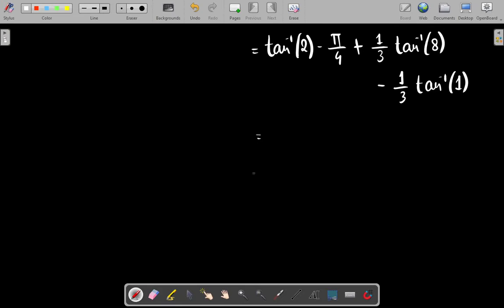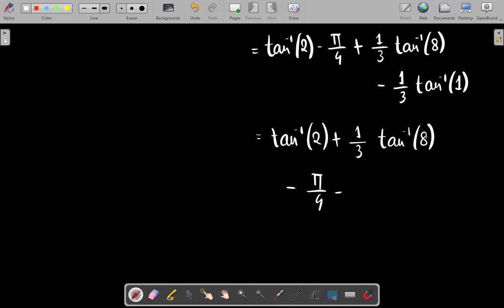So now it becomes tan inverse 2 plus 1 by 3 tan inverse 8, minus pi by 4, and plus 1 by 3 times pi by 4, which is pi by 12.